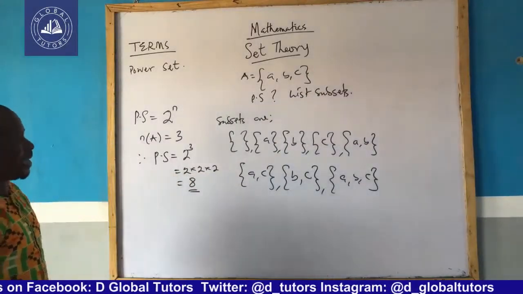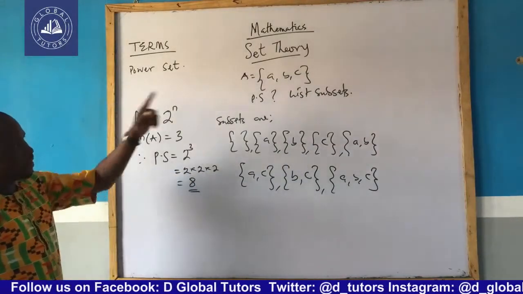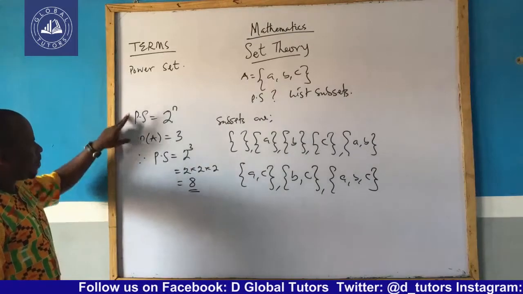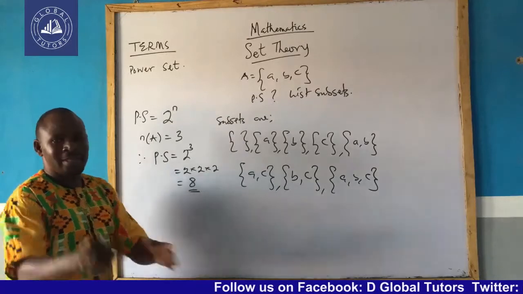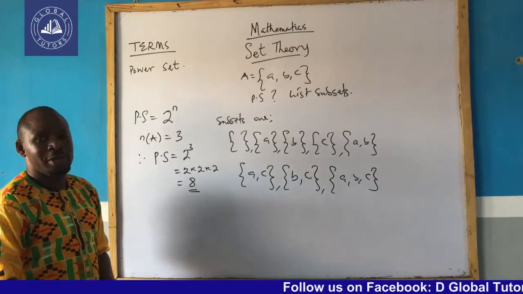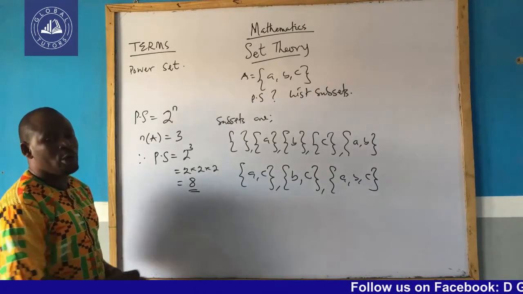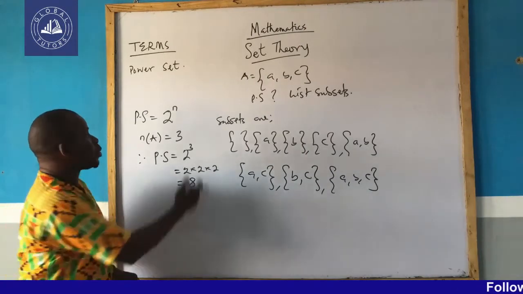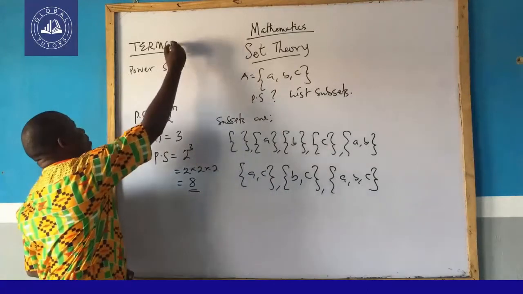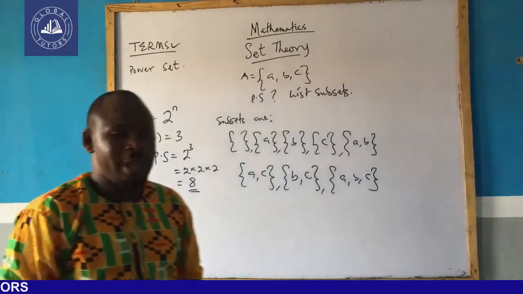These are the subsets of the set A, and the power set is 8. If this is your answer, then congratulations to you. It means you followed through with what we studied in the last class. So today, we will look at some more terms and see how they apply.